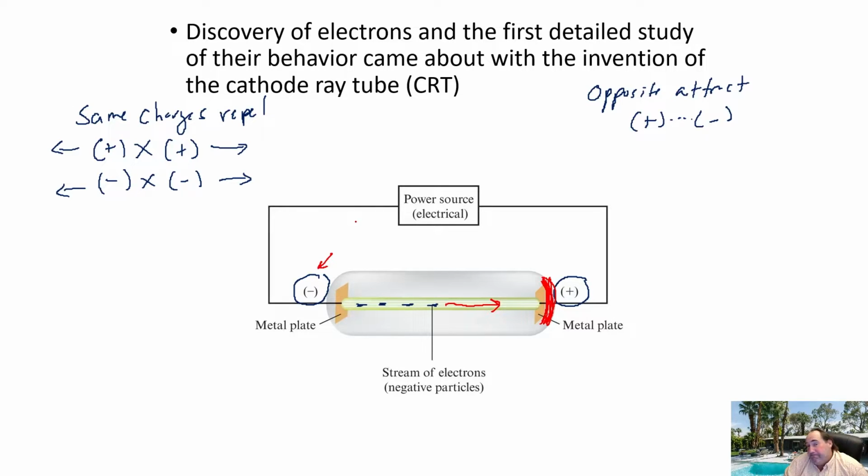Now, you may be familiar with a CRT tube. You may even have one in your house, or had one in your house, or seen one on TV, or your TV was one. If you remember, TVs used to have backs to them, not like the very flat screens we have now.